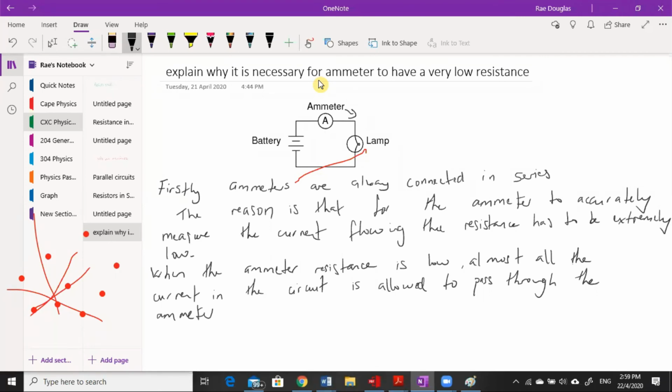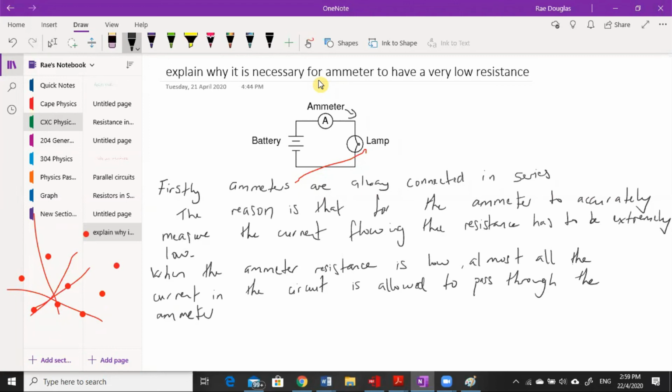But now we need to explain why it is necessary for it to have a low resistance. Can somebody allude to that for me? Sir, repeat the question. So the question is, explain why it is necessary for an ammeter to have a very low resistance.